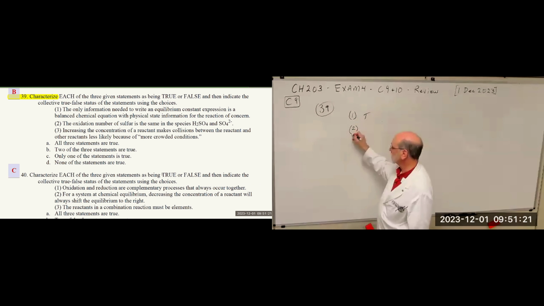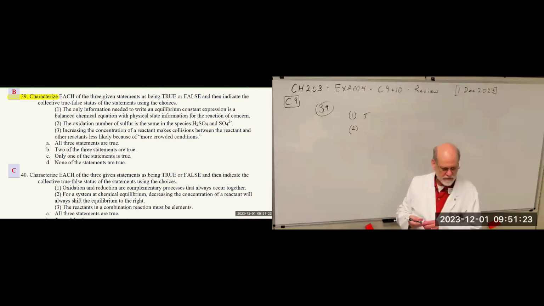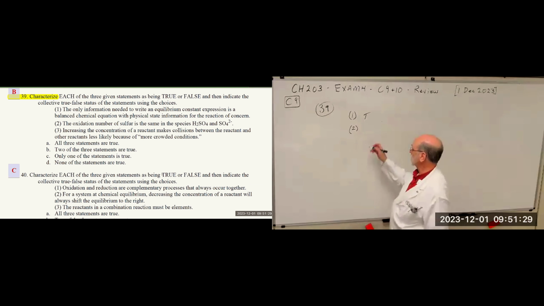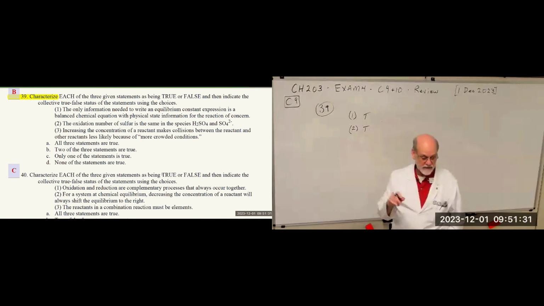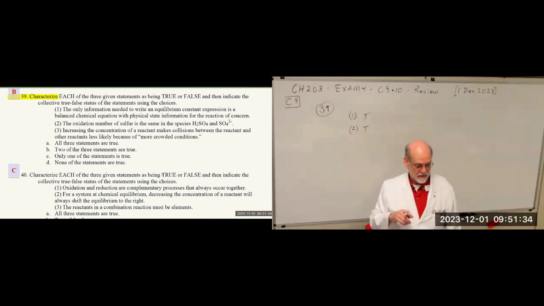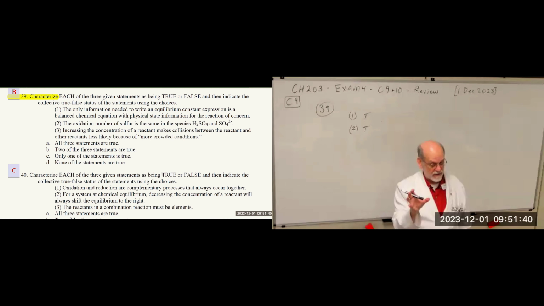How about 2? The oxidation number of sulfur is the same in the species H2SO4 and SO4 2-. That's also true. We did an example like that before. You can determine sulfur by the entire formula or by the polyatomic ion. Either way, it comes out the same.